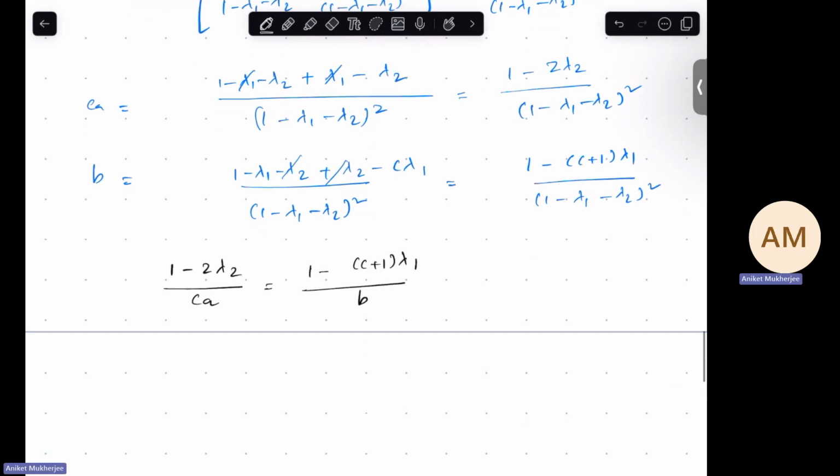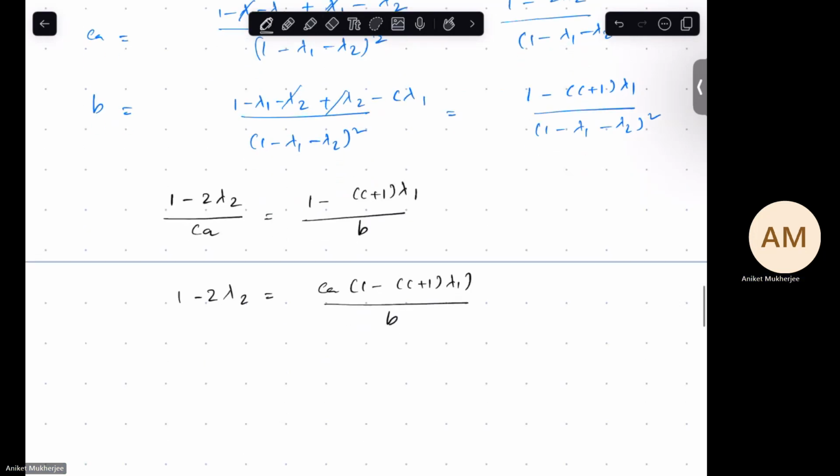From here, I think I can get it in terms of lambda 2. So 1 minus 2 lambda 2 equals CA into 1 minus C plus 1 lambda 1 by B.